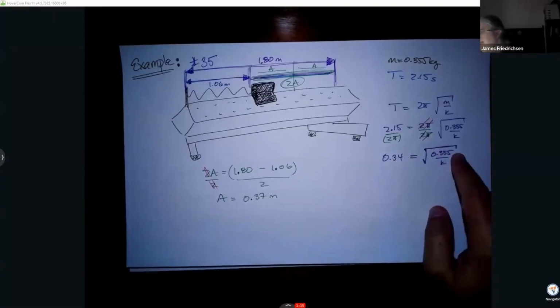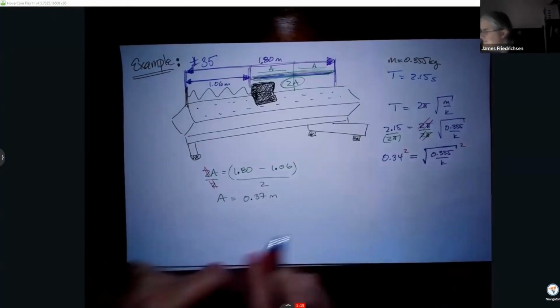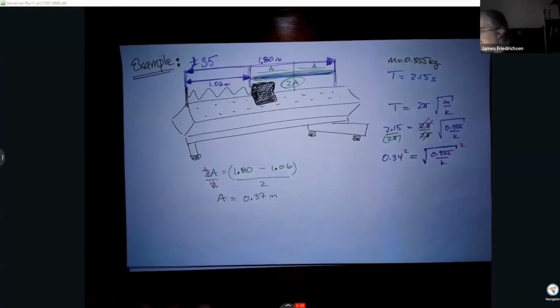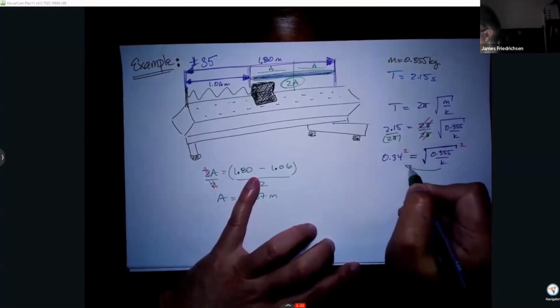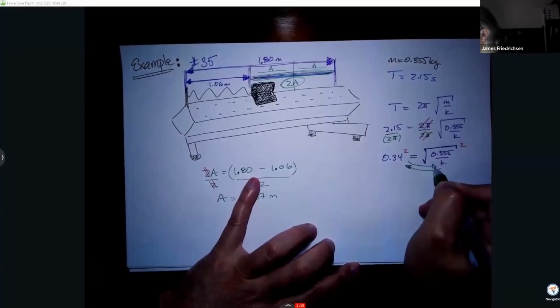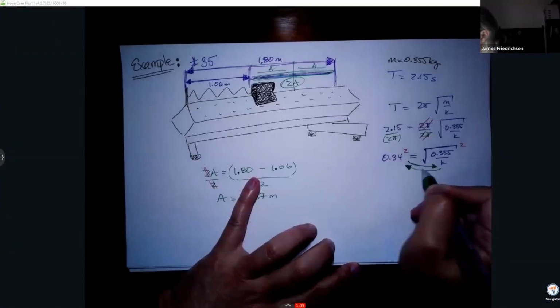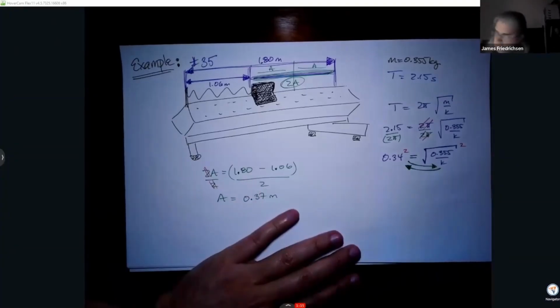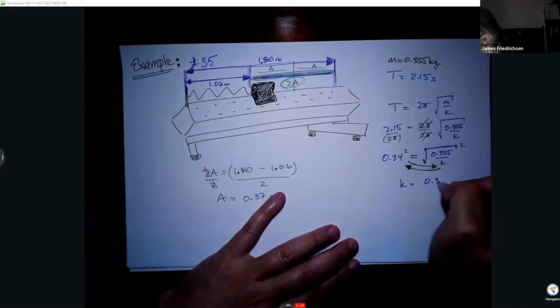Now, to get the k out of the square root, we're going to square both sides. Then I can move the k over to here, and I can move this 0.34 squared down to the denominator. So the spring constant k is 0.355 divided by 0.34 quantity squared.